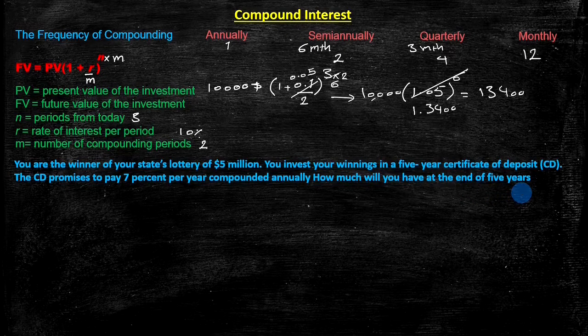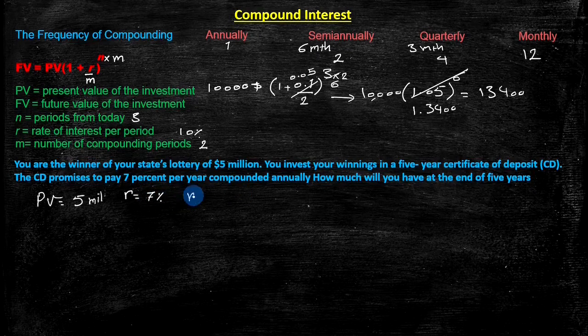So this example should be a good review because we are dealing with the annual compounding, but let's do it anyway. So 5 million is our PV. Let me write it out. PV 5 mil. Then we have our R is 7%.